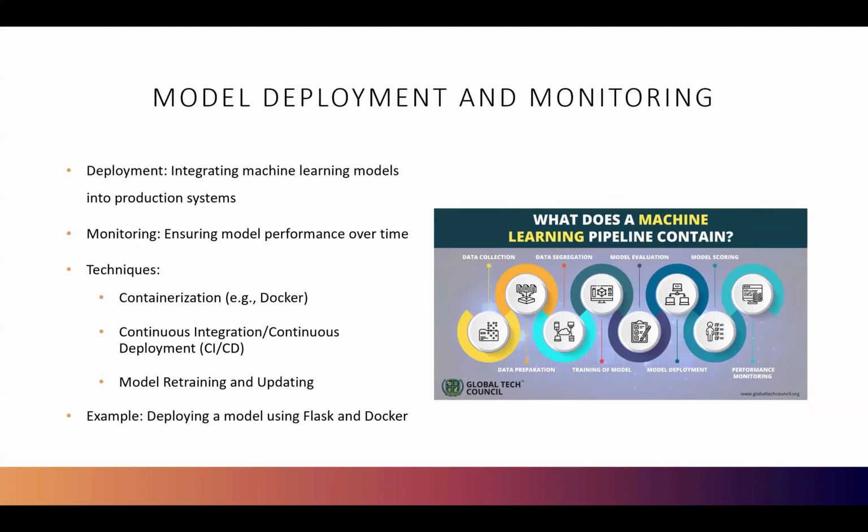Both the second and the third make most sense. Continuous integration, continuous deployment means that as time goes, you're continually integrating your model into more products and continually deploying it into more products. Model retraining and updating, as the name implies, you take the model, you make it better, and you put it in again.